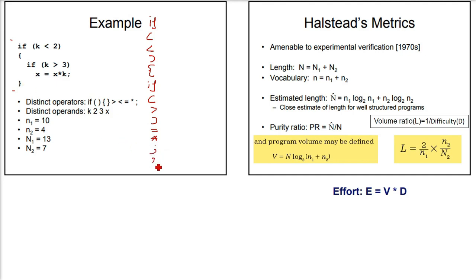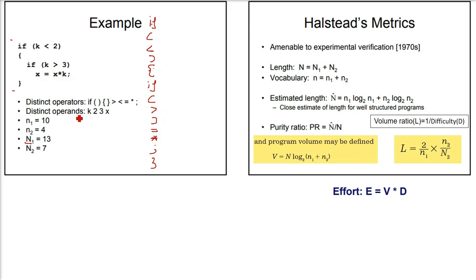Now you have to count it. How many are there? 1, 2, 3, 4, 5, 6, 7, 8, 9, 10, 11, 12, 13. So this is 13. These are the total number of operators, and that is the capital N1. Capital N1 is the total number of operators.